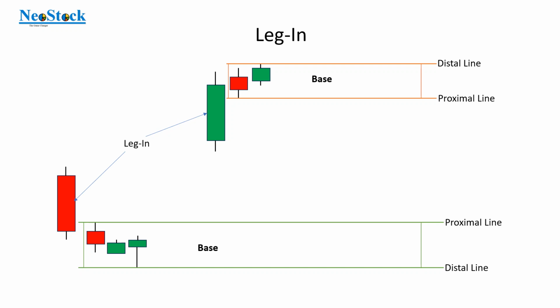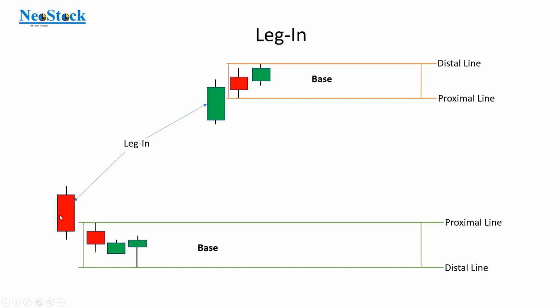A zone has three components. One is the legging, and then the base. And we have one more candle, the leg out, that we will see very soon. And this legging candle could be a large candle or even a medium candle.